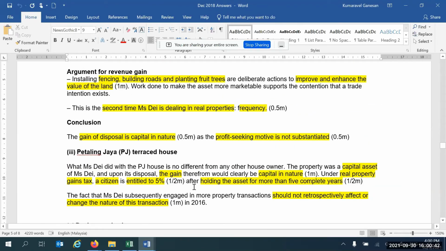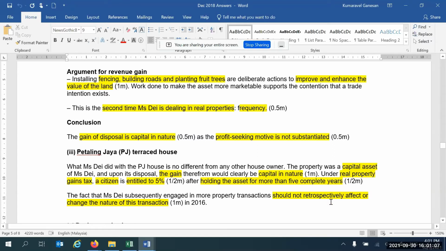Okay, so now, last time if you learned long ago, RPGT is no more tax, but now everybody got 5% after 5 years. Okay, so now the maximum is 2 marks, but they give you 3.